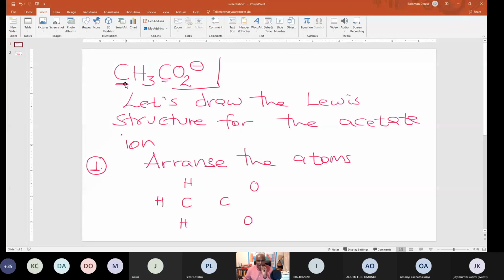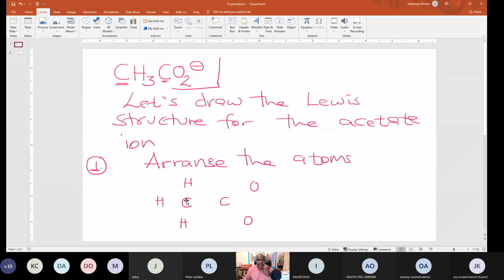When you look at carbon and oxygen, these are elements in period 2 of the periodic table. Therefore, they must follow the octet rule. Then hydrogen is in group 1 of the periodic table. Hydrogen must follow the duet rule. That we know. So when you are writing the Lewis structure, the first step is to arrange the atoms. So when you are arranging the atoms, we put the hydrogens on the outside.